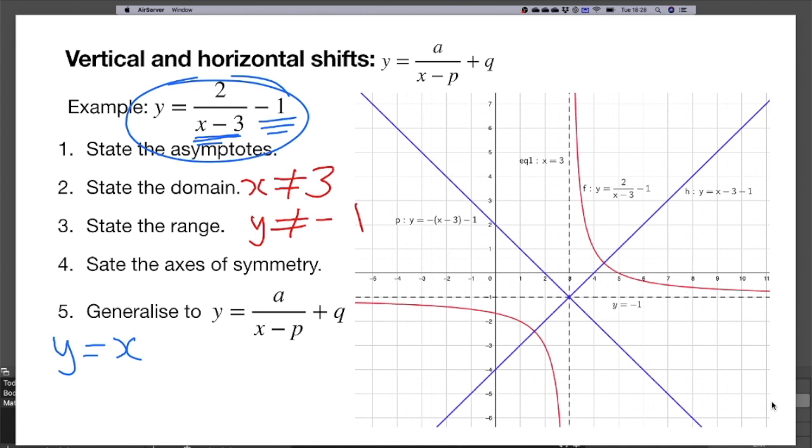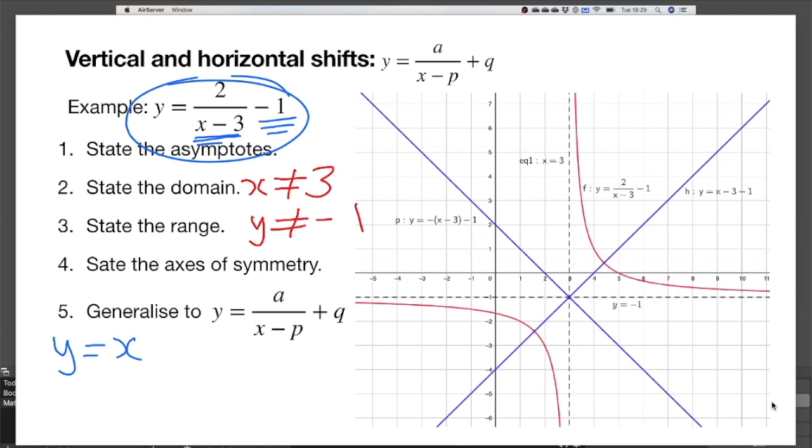So when the parent graph was shifted 3 units to the right and 1 unit down, obviously the original axis of symmetry y equal to x was transformed accordingly. So y equal to x must also be shifted 3 units to the right.